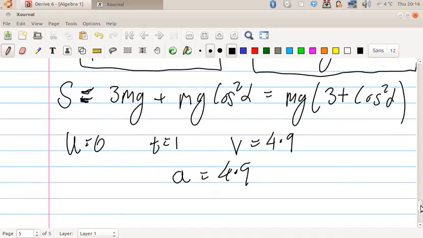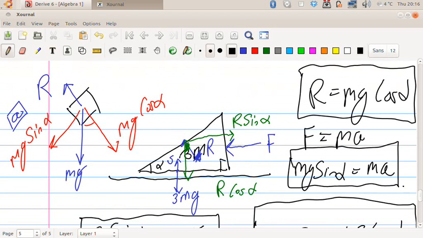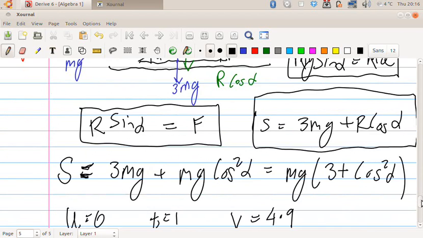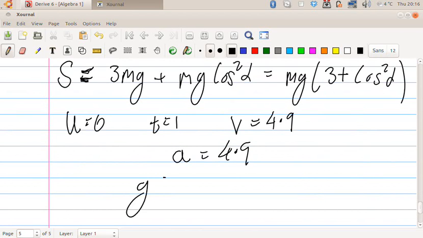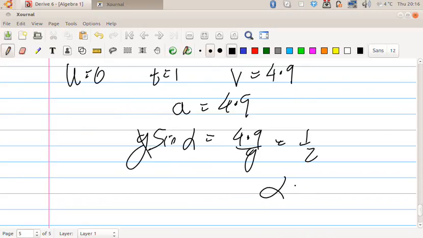So I feel like it's just a matter of taking that number and putting it into this one up here we haven't used yet. Oh, and the m's cancel there. So I get g sine alpha equals that number there. So g sine alpha equals 4.9. And when I divide by g, 4.9 over g is a half. So alpha is just sine inverse a half.